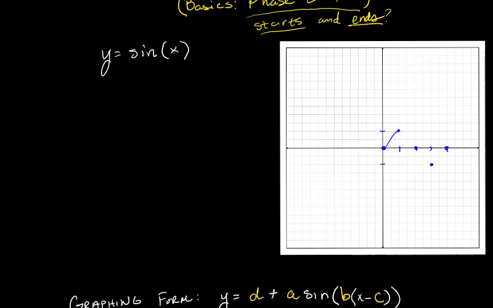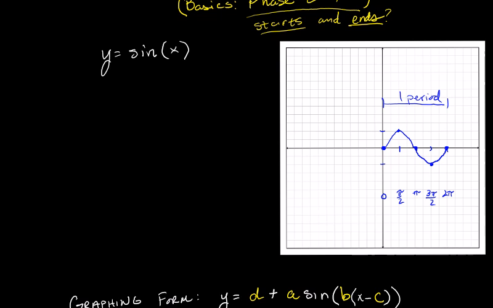And so there's one period, right? That's one period from 0 to 2 pi. That's one period of a sine function. So this is 0, this is pi, this is 2 pi, this is going to be pi halves, and 3 pi halves, okay? And so that's one period.